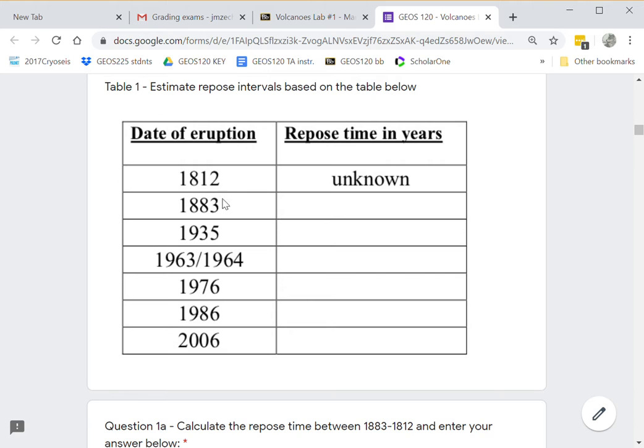So to answer the question how long is the repose time, you'd figure out the number of years between 1883 and 1812, and that's what the repose time would be. So when you find the periods between each of these different dates, you get a repose time, and you can take the average of those to use as a prediction of when the volcano will erupt again.